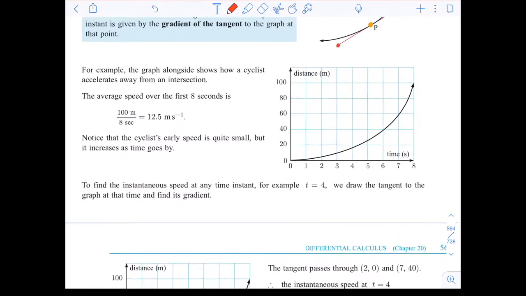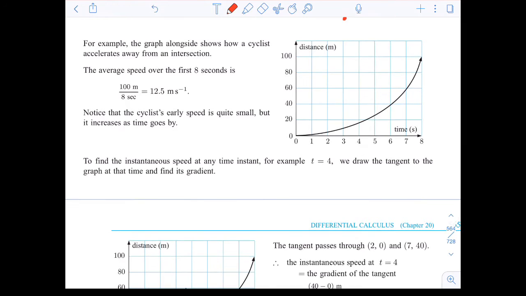For example, the graph alongside shows how a cyclist accelerates away from an intersection. So his distance is increasing over time. Right? Distance is increasing as time increases. So the average over the first 8 seconds is shown over there on the left, 100 meters divided by 8. We know that. That's from here to here.